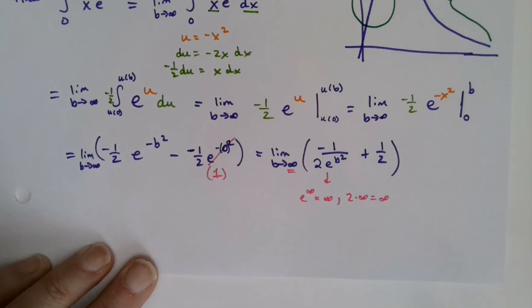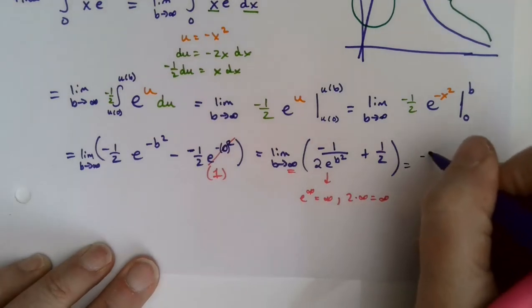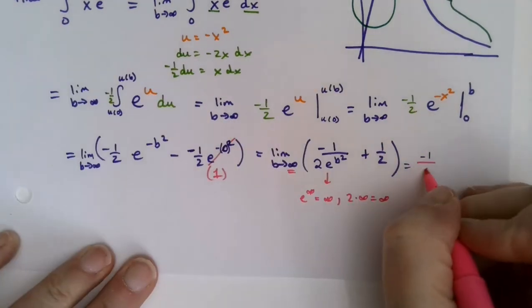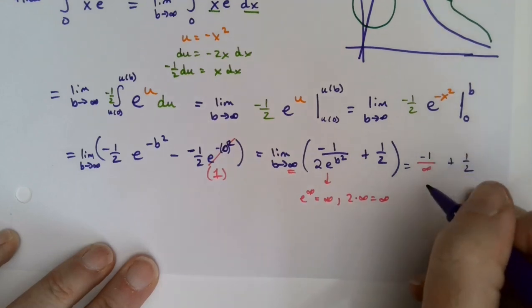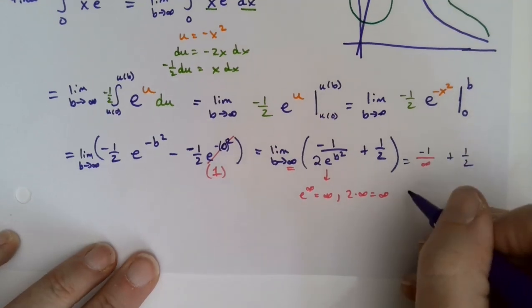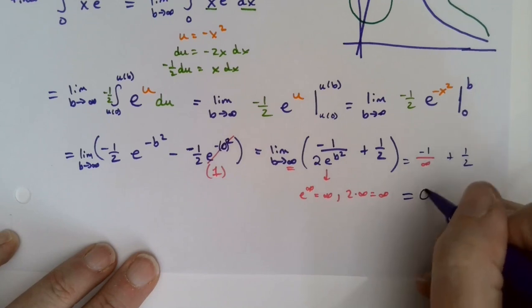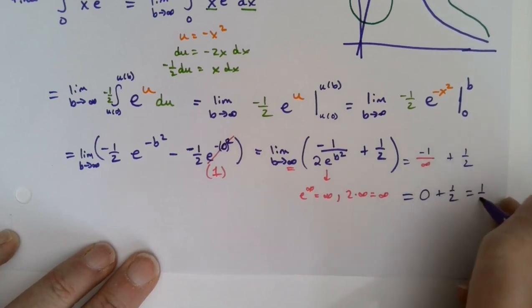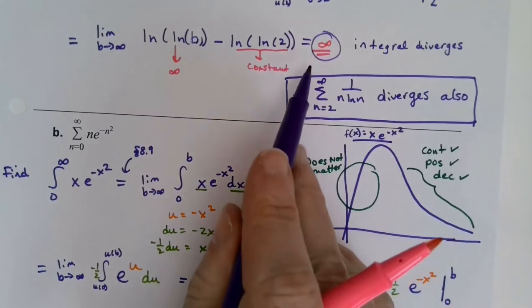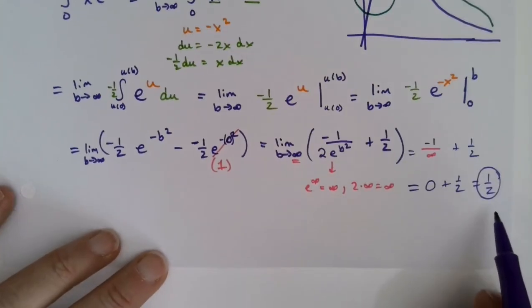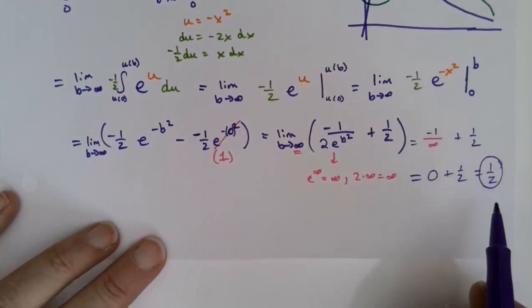So let me rewrite that. So this is negative 1 over infinity plus 1/2. Well, negative 1 over infinity is 0. So this is 0 plus 1/2, which is 1/2. Whereas the one above was infinity. So that one diverged. This one is 1/2. So the integral converges to 1/2.